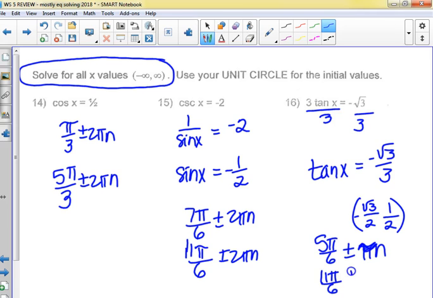But I'd rather you remember that tangent repeats every pi, even if you put both of them. If you put 2 pi n, you have to have both of them. Yes, because if you go pi n after 5 pi over 6, you land at 11 pi over 6, so it's covered. Yep.